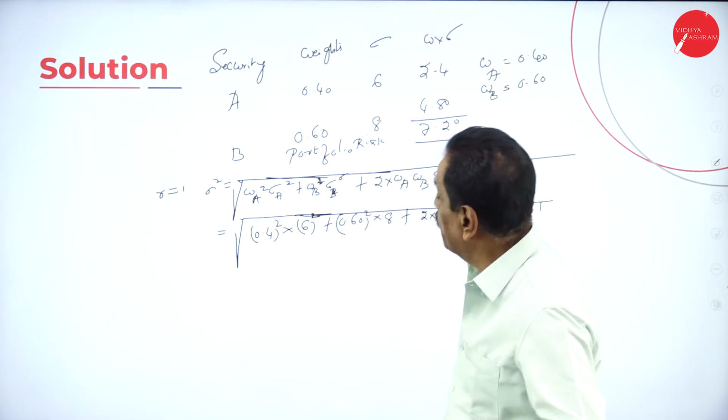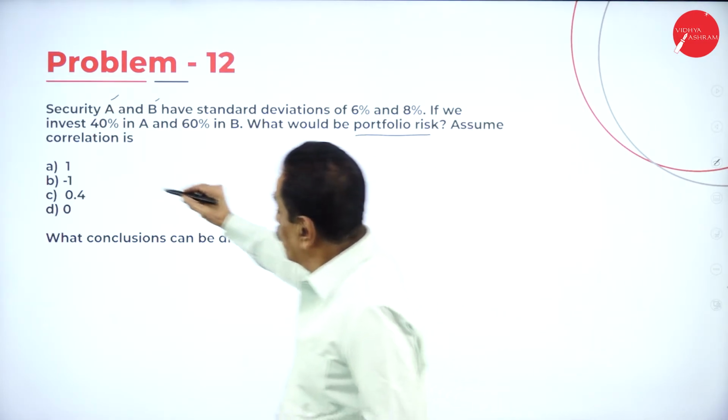See that R value he has given, which we are doing 1.